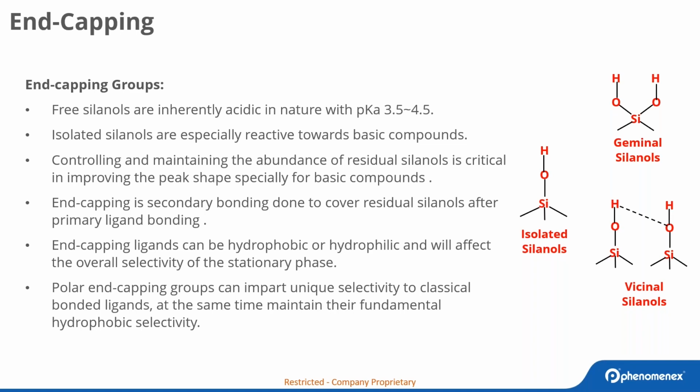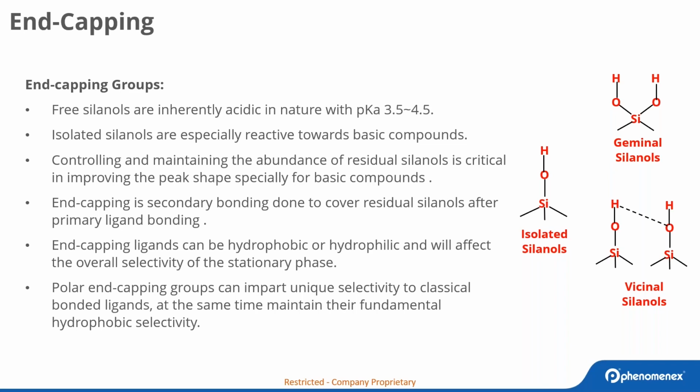So controlling and maintaining the abundance of these residual silanols is critical to making sure that you have good peak shape for your basic compounds. And end-capping can be done to help reduce this. So end-capping is a secondary bonding, and it's used to cover any of these free residual silanols after the primary bonding. So the end-capping ligand can be either hydrophobic or hydrophilic.